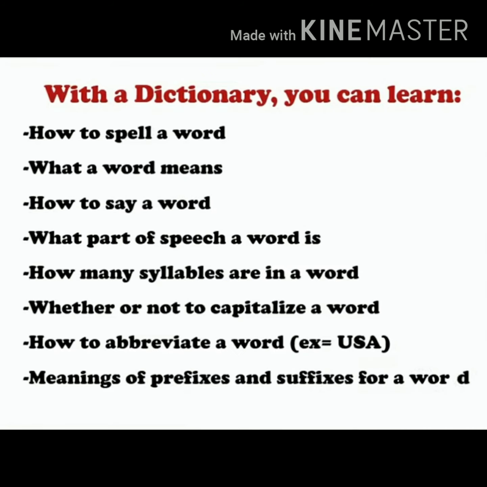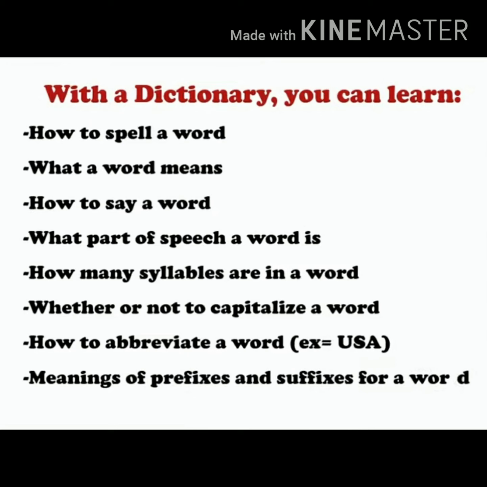So, with a dictionary, you can learn how to spell a word, what a word means, how to say a word, what part of speech a word is, how many syllables are in a word, whether or not to capitalize a word, and how to abbreviate a word. Example, USA is an abbreviation of United States of America. You can also learn the meanings of prefixes and suffixes, and many other things from a dictionary.